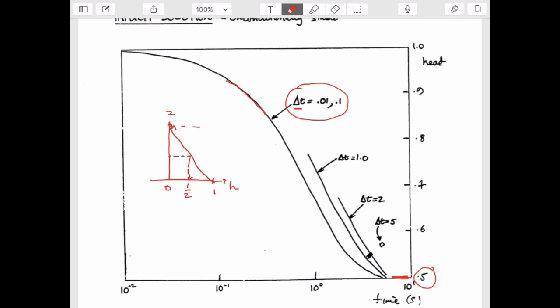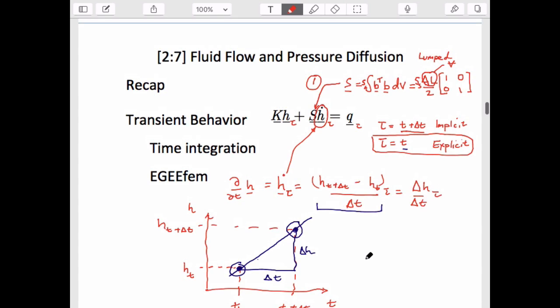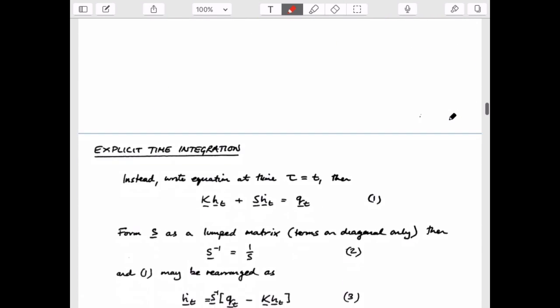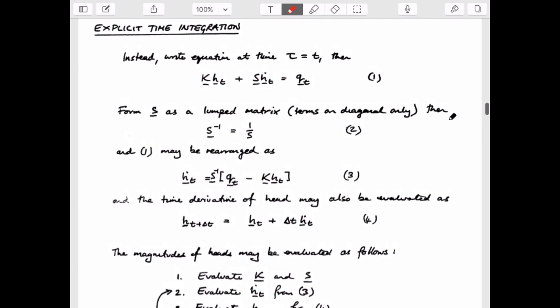And so at each iteration, the head value would mean that you have a different permeability, and therefore you have to solve for these changing magnitudes. So for nonlinear problems, it works out that you might want to use this. So this is always unconditionally stable, and this is only conditionally stable, meaning you have to choose the right time step to be able to get it to converge.